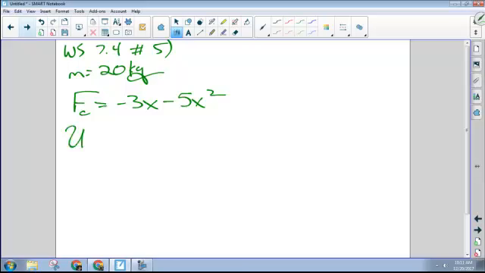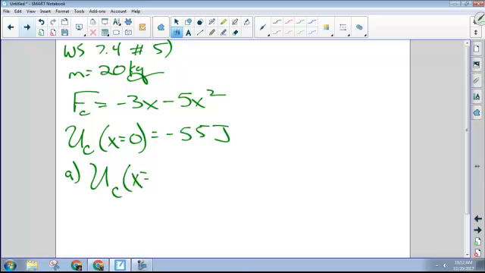So my potential energy associated with that conservative force at x equals 0 is negative 55 joules. All right? And the question for part A wants to know what is the potential energy associated with that conservative force equal to if x is 5 meters. All right, so that is the problem that we are set out to solve.